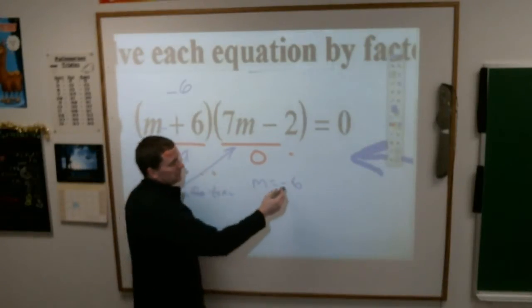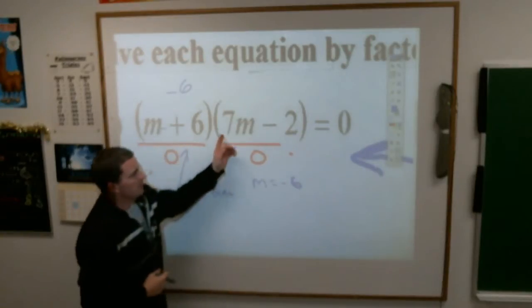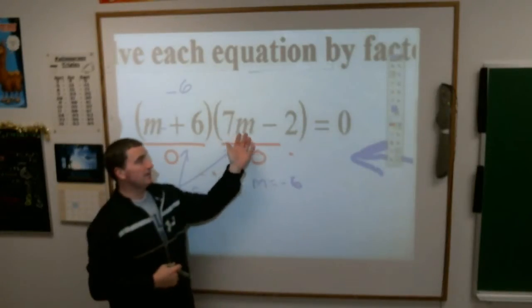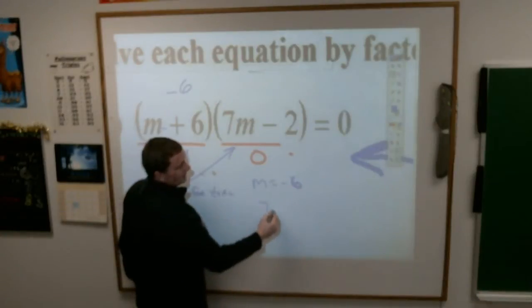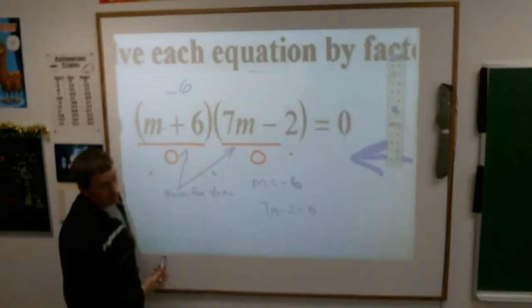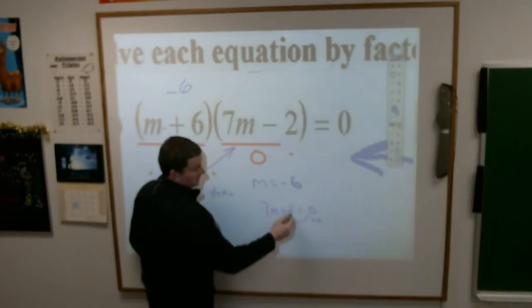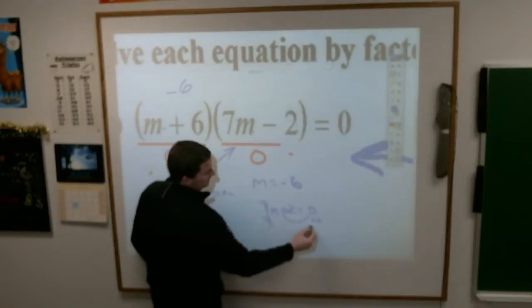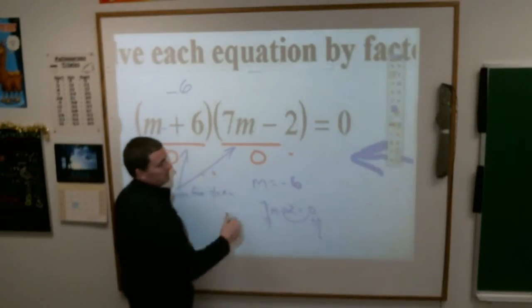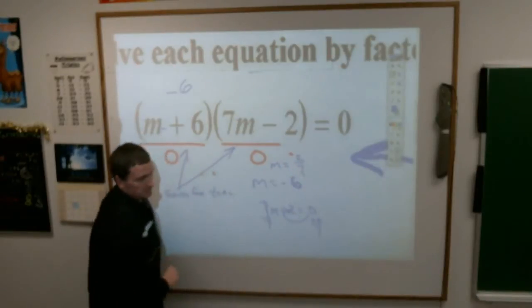This one is not so easy. It's not hard, but you just don't kind of think in these terms. You want to ask yourself, when will 7m minus 2 equal 0? How do you solve that equation? Add the 2 over to this side, and then divide by 7. So m equals 2 sevenths.